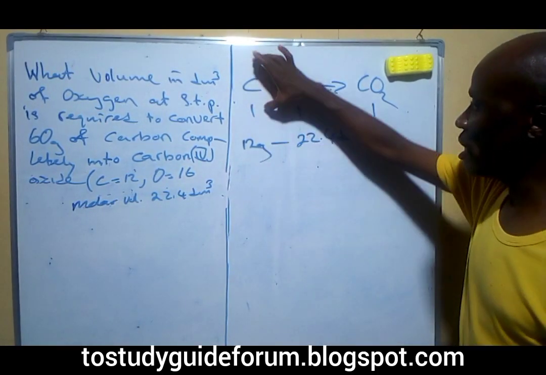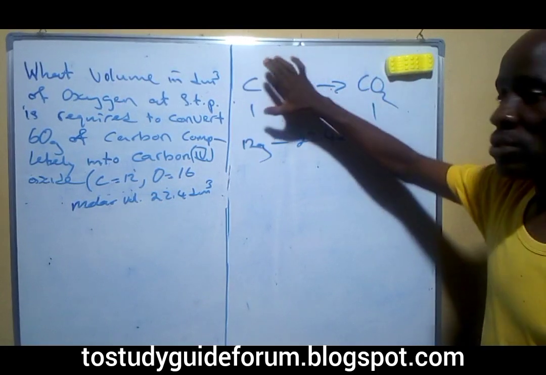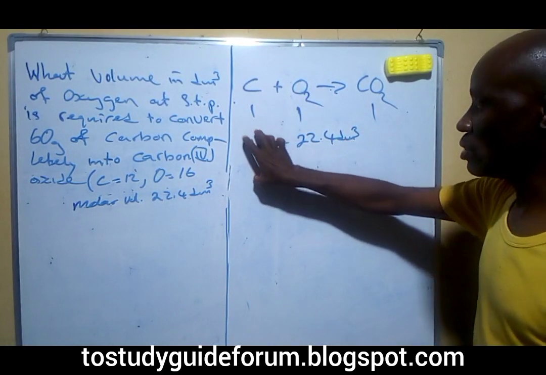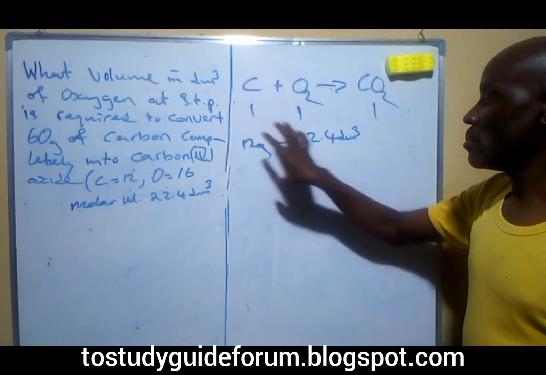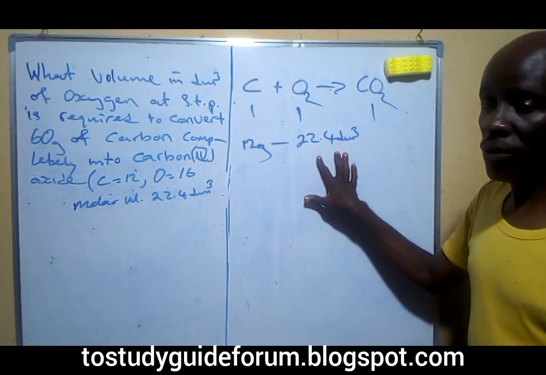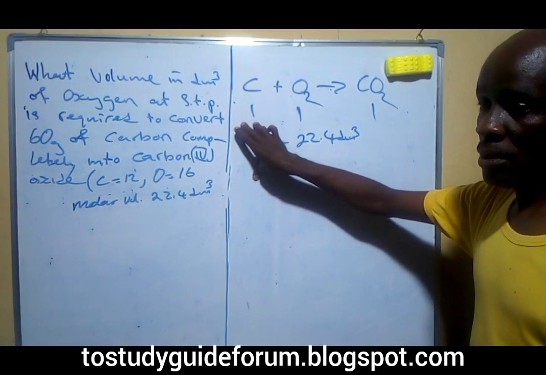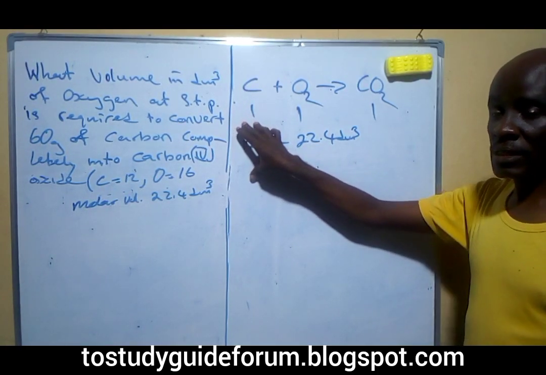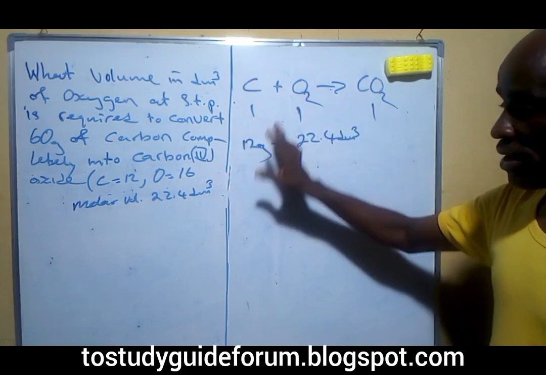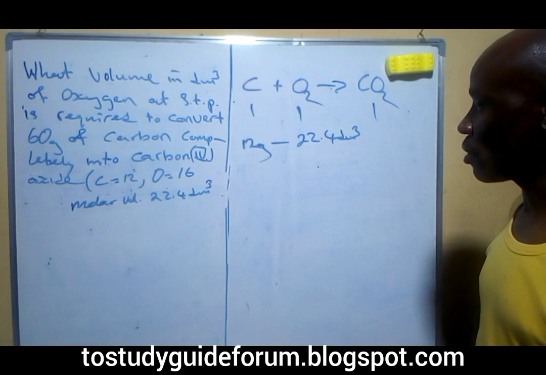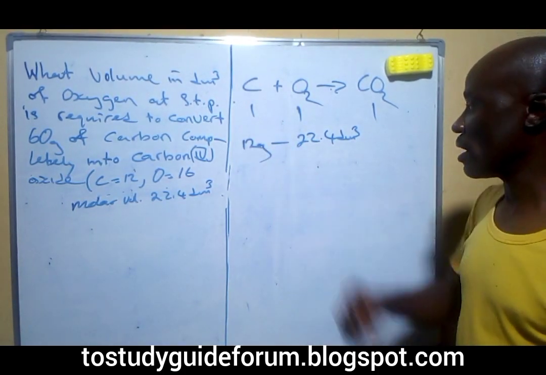Because this is a standard condition. That's why I choose this volume. This is the standard volume at STP, the volume for the relative atomic mass of carbon. This is what we have here.